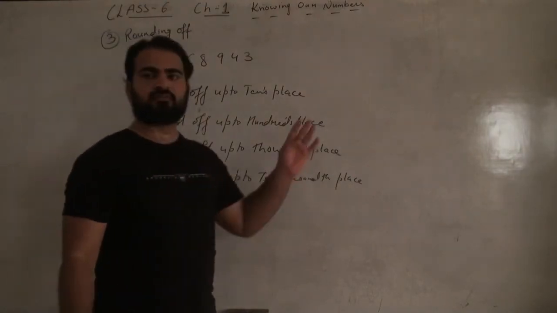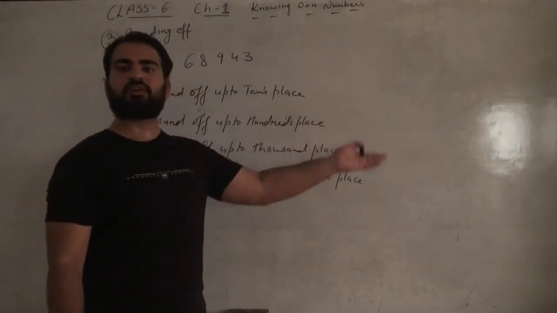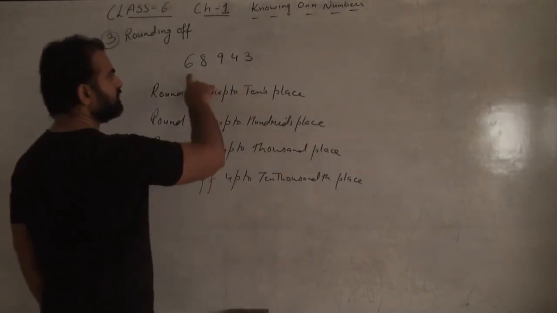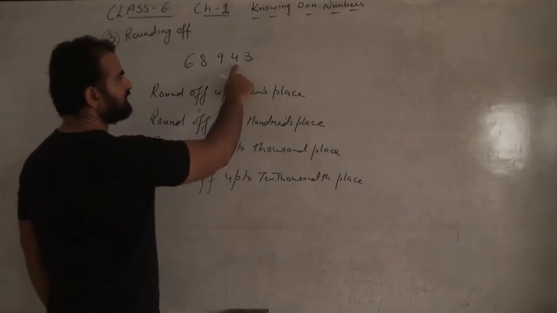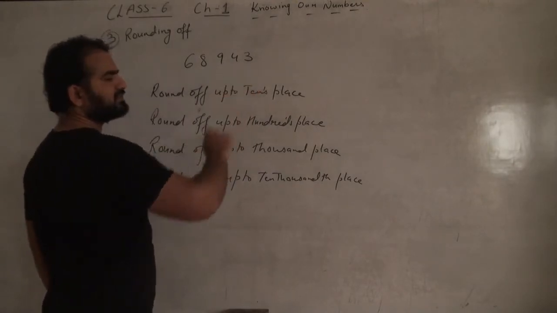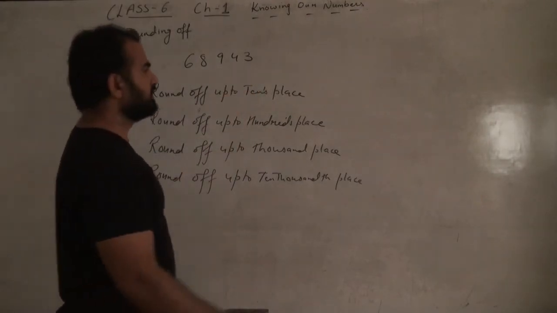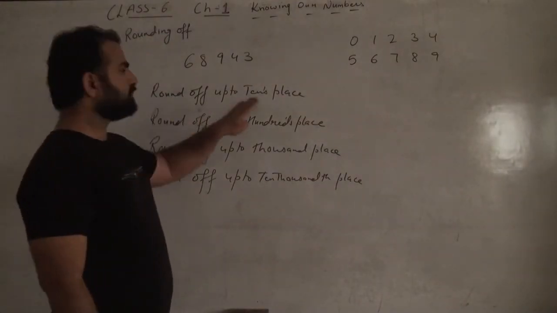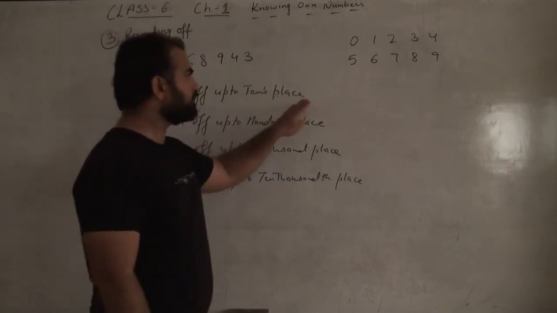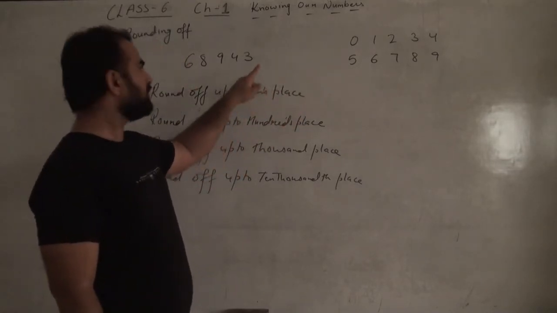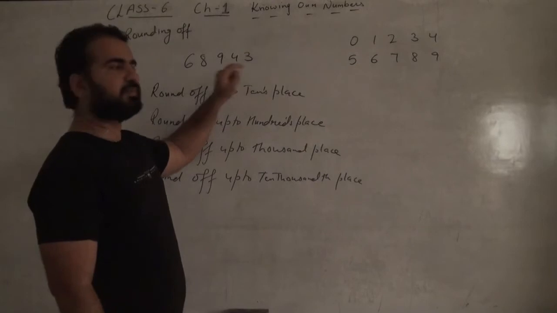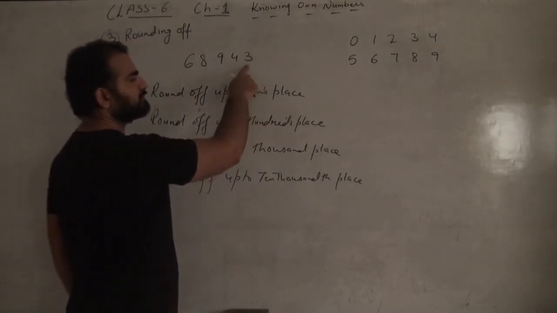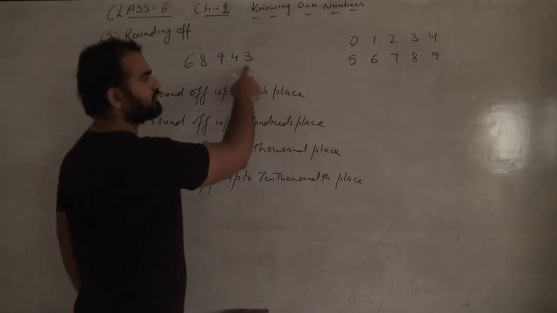If we have to round off up to tens place, then we have to look at which place? Ones place. So we have to check what the ones place consists of.